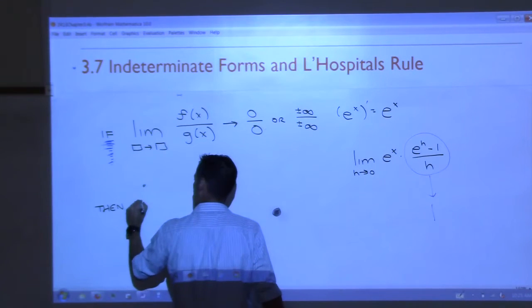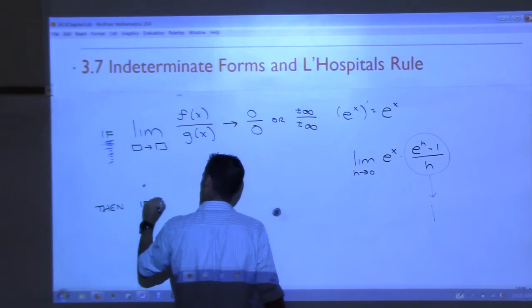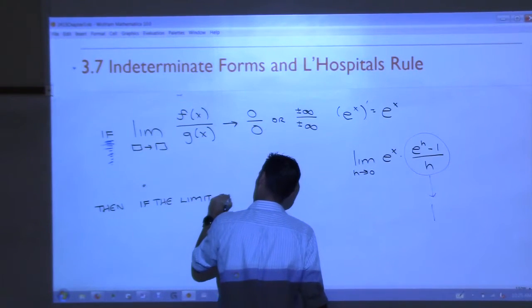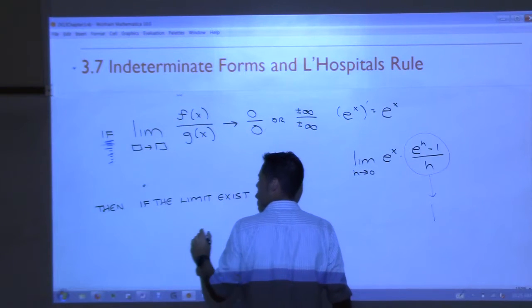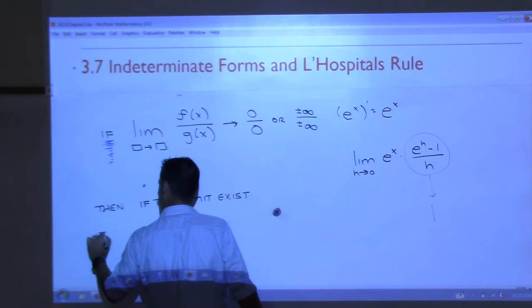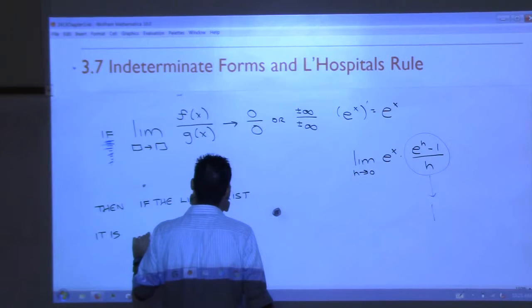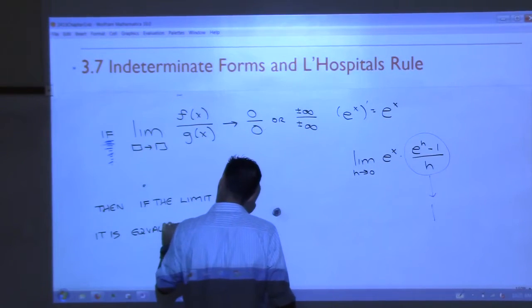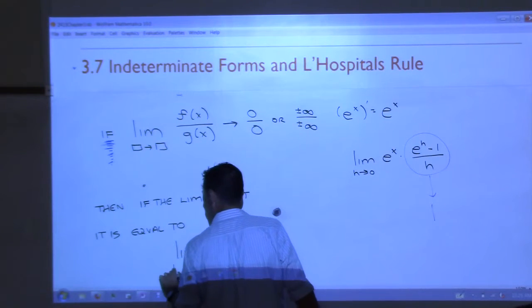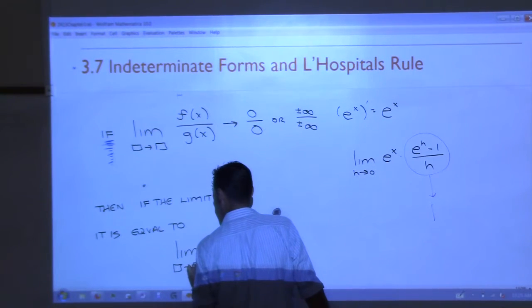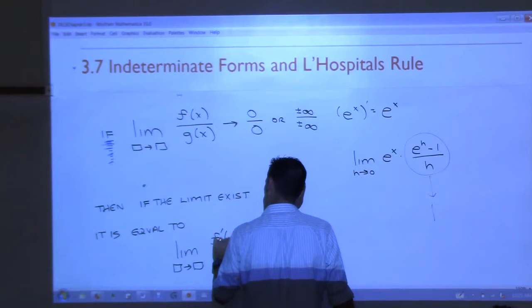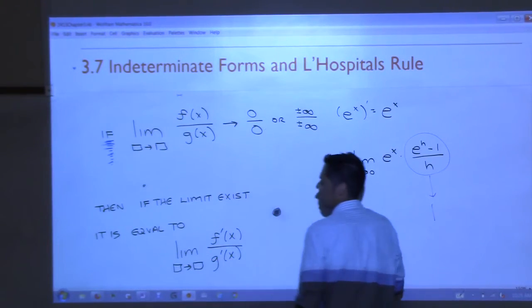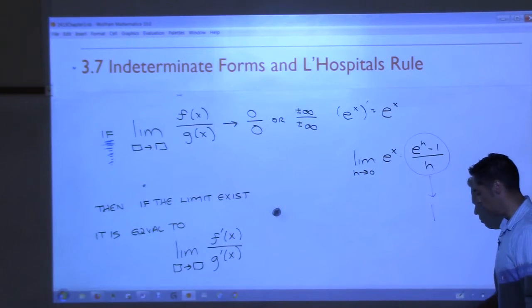Then, if the limit exists, it is equal to the limit as whatever goes to whatever of f prime of x over g prime of x. That is L'Hopital's rule.